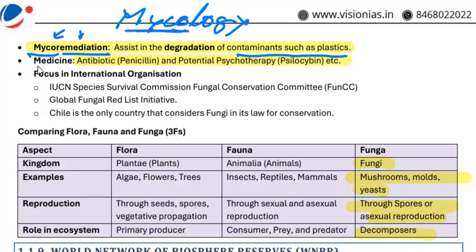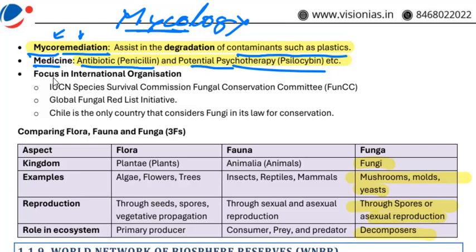It is used as medicine, as antibiotic, penicillin, and potential psychotherapeutic, psilocybin, etc. We all know that penicillin is the first antibiotic, made from the fungus Penicillium. That means the first antibiotic is made from the Penicillium fungi by Alexander Fleming.